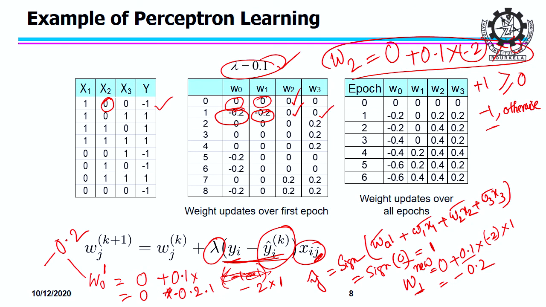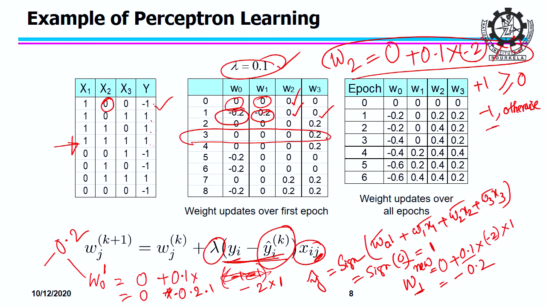Okay. So, now if you compute for the second sample, let us say arbitrarily we compute for this sample. Obviously, if you go for this sample, we have to consider the previous weights, whatever we have right now. Now, again we compute all the values. Let us do this for the fourth sample, that is 1 1 1, output is 1, and then we will get this weight.